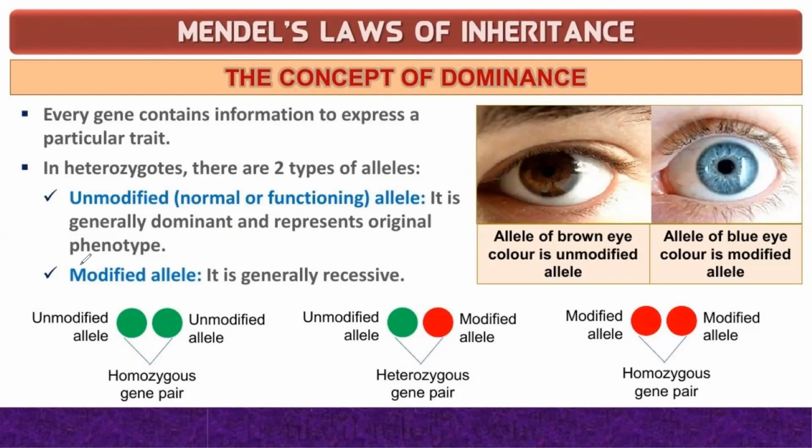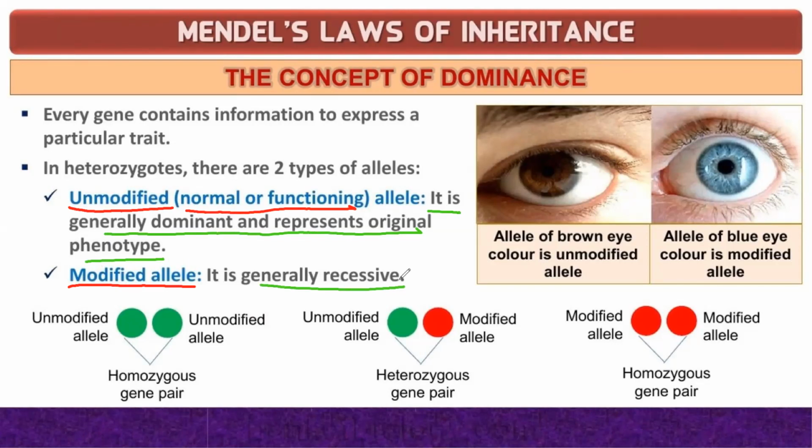There are two types of genes: unmodified genes, that are normal or functioning genes, and the other one is modified gene. What is unmodified gene? It is generally dominant and represents original phenotype, whereas modified is generally recessive.